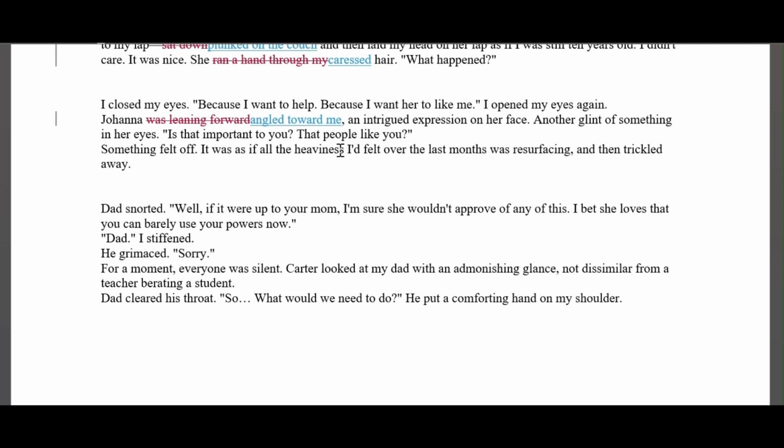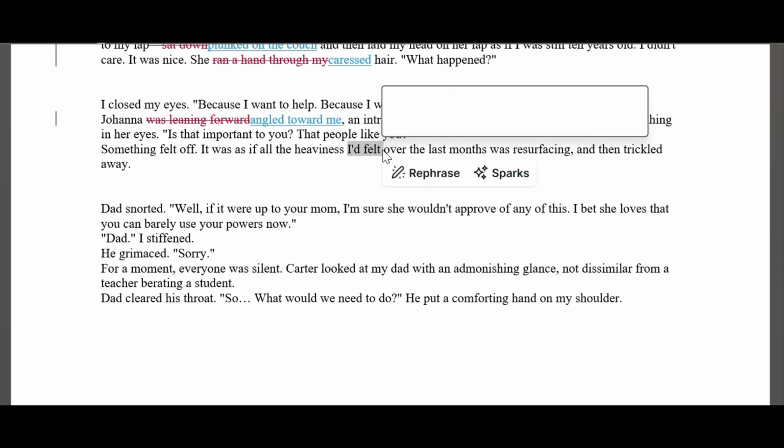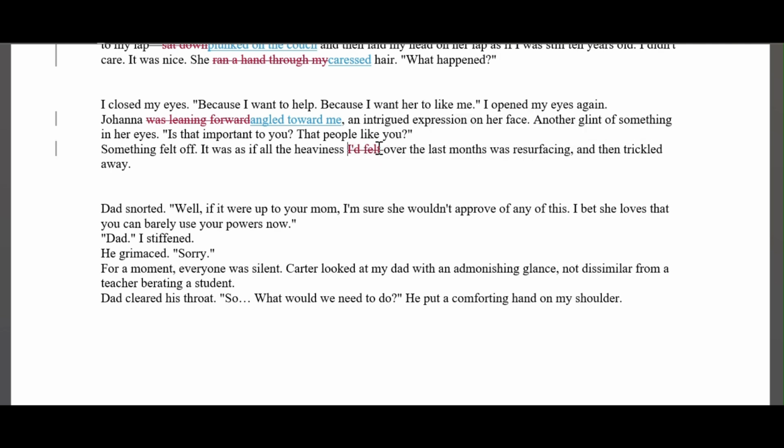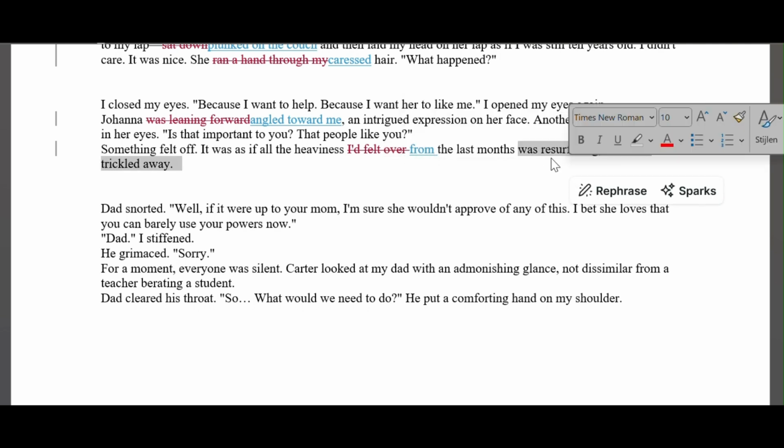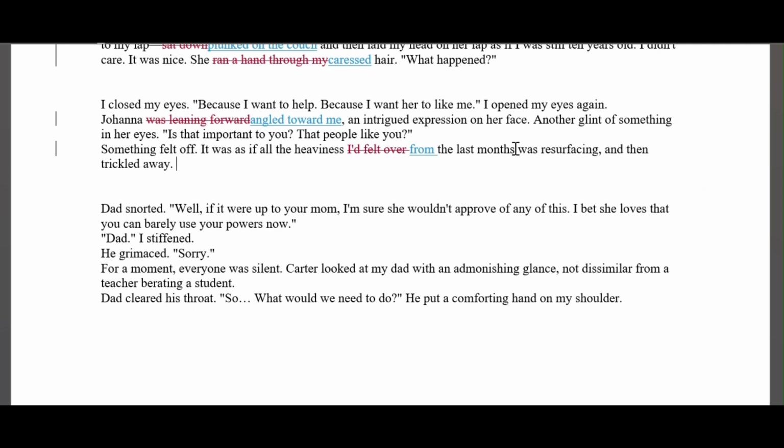So let's have a look. It was as if... That is fine. I felt we can go remove that. It was with all the heaviness from the last months resurfacing. Like, I like resurfacing.